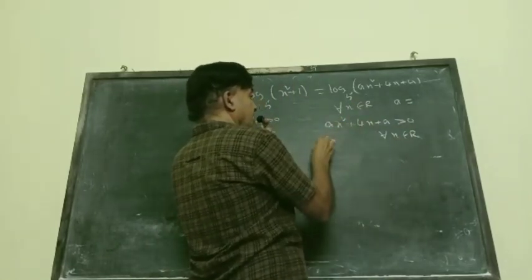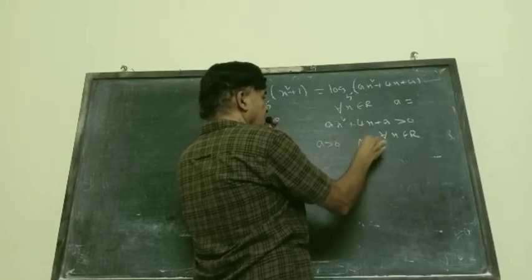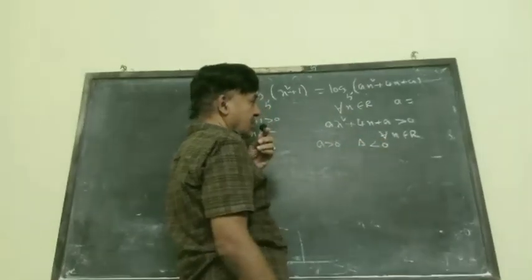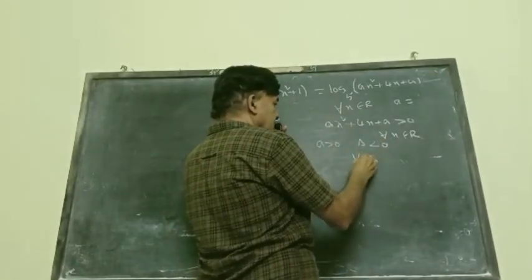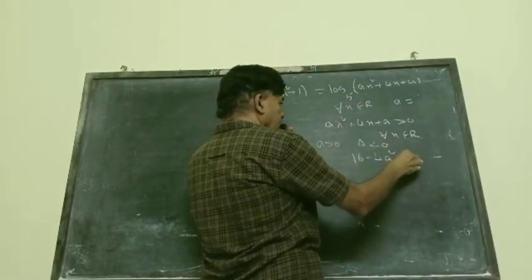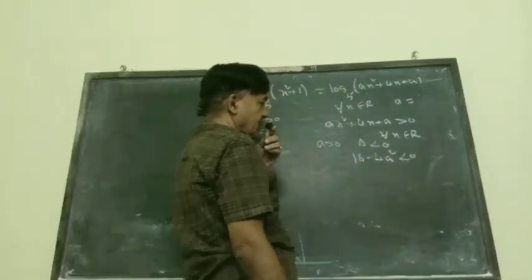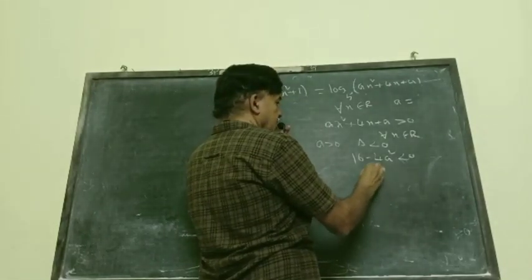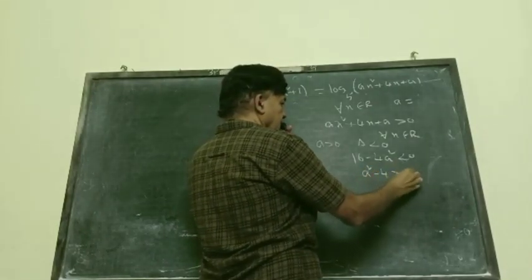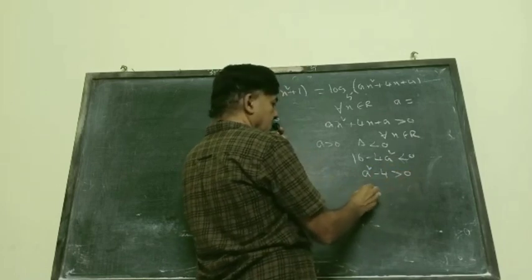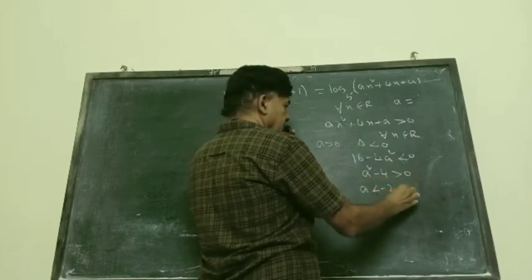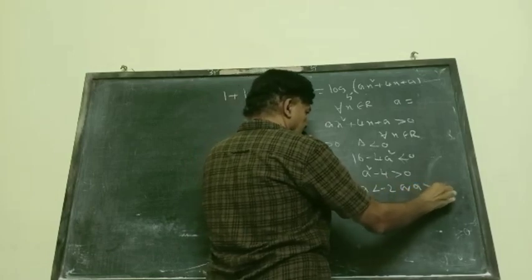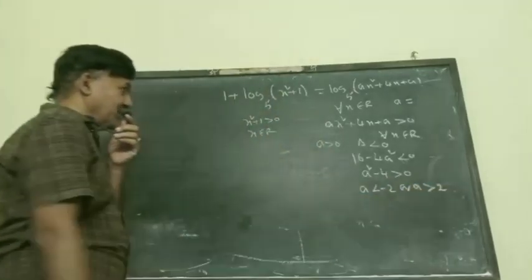For this to happen, a should be positive, delta should be negative. Delta is 16 minus 4a square, less than 0. So a square minus 4 greater than 0, and you get a less than minus 2 or a greater than 2.